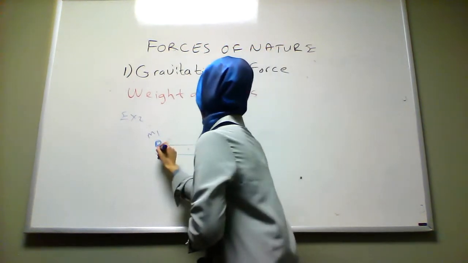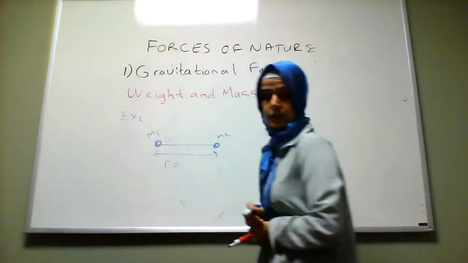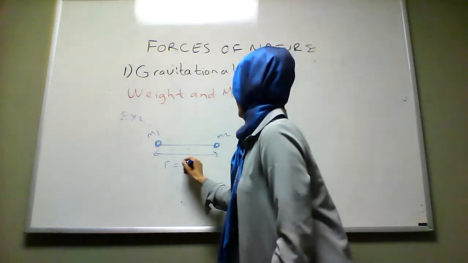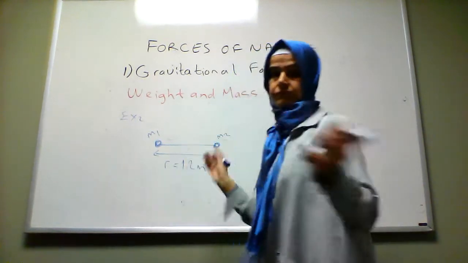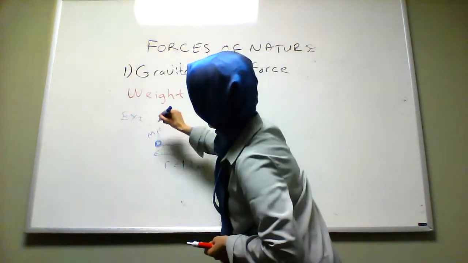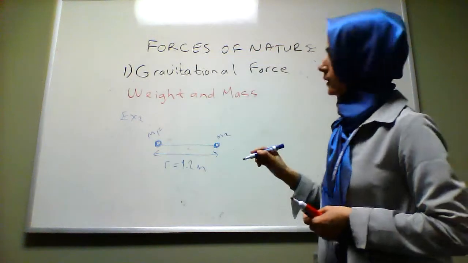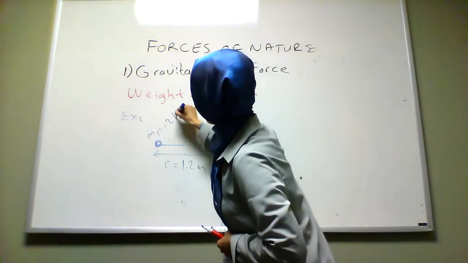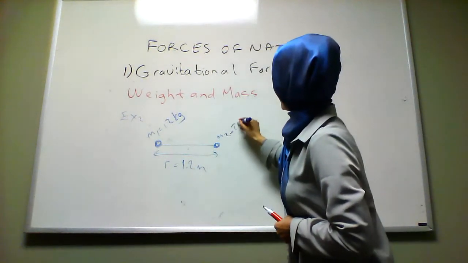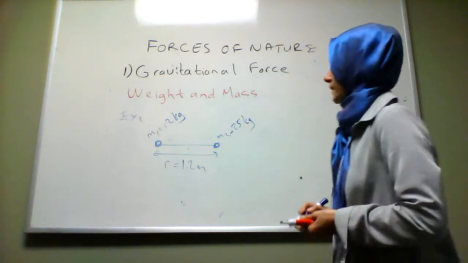There's a distance between them of 1.2 meters. This is a regular distance on Earth. M1 is equal to 12 kilogram, and M2 is equal to 25 kilogram.